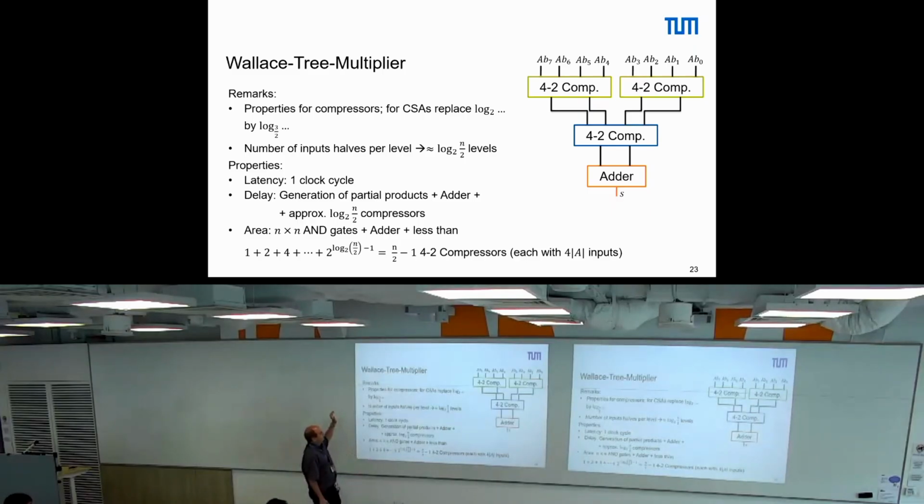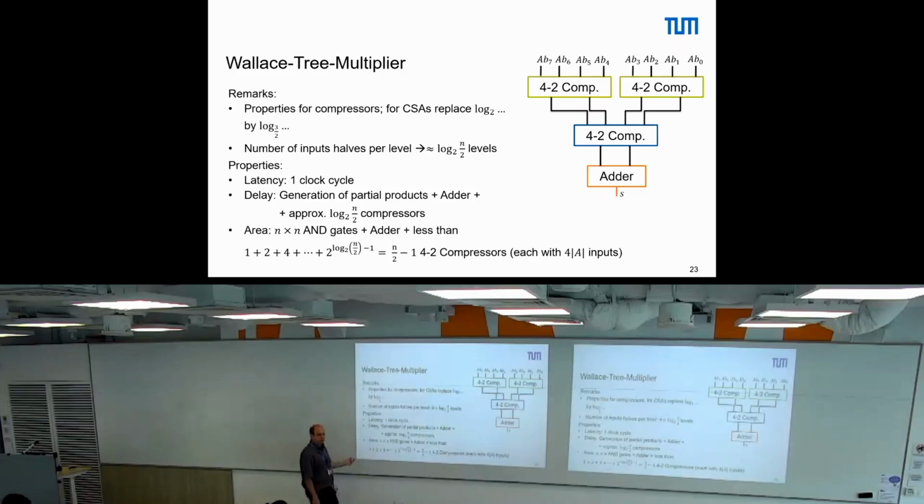Good. So we have approximately log 2 of n half compressor layers, exactly if we have a power of 2 as inputs. Then we have an area which is n times n AND gates, plus an adder, and then we can count how many compressors we have for each layer.